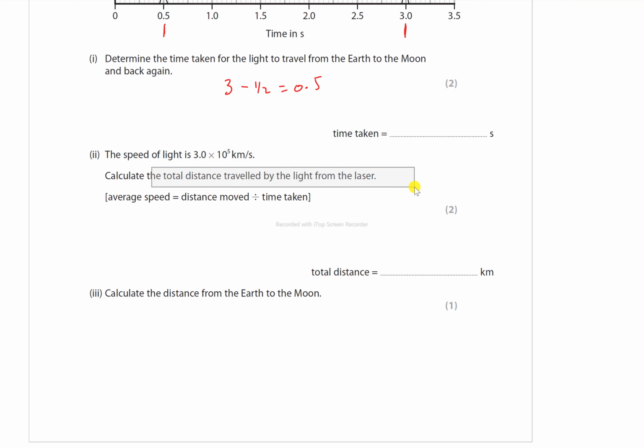Calculate the distance traveled by the light from the laser. Speed is distance over time. It's only a 2 marker, so they want speed times time.